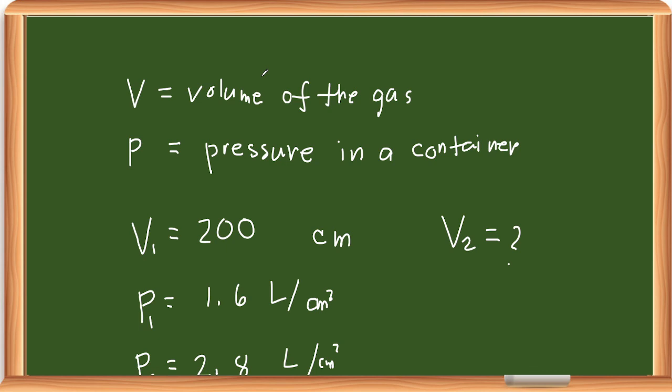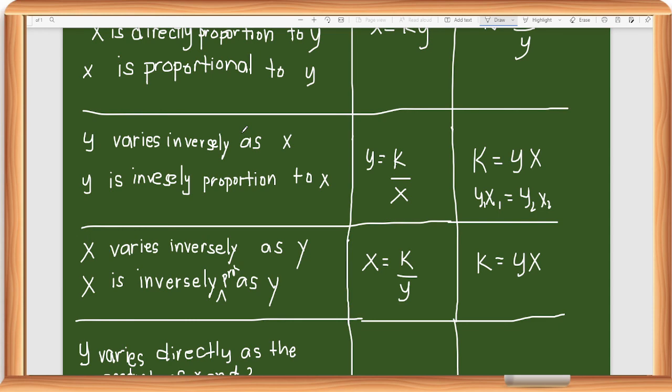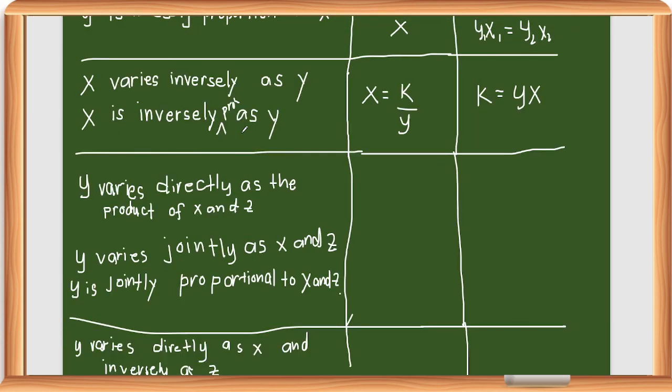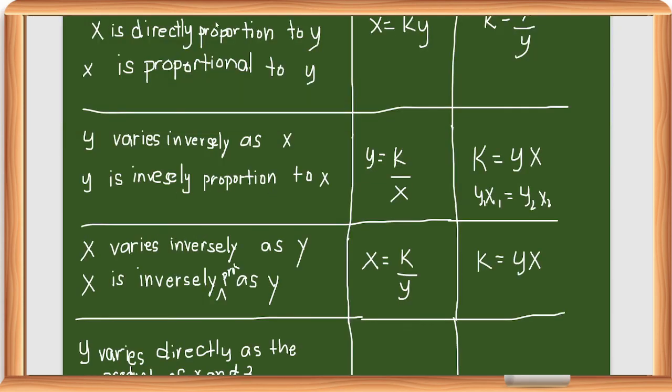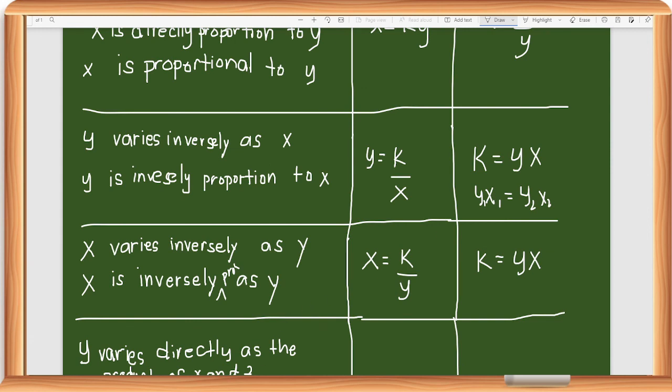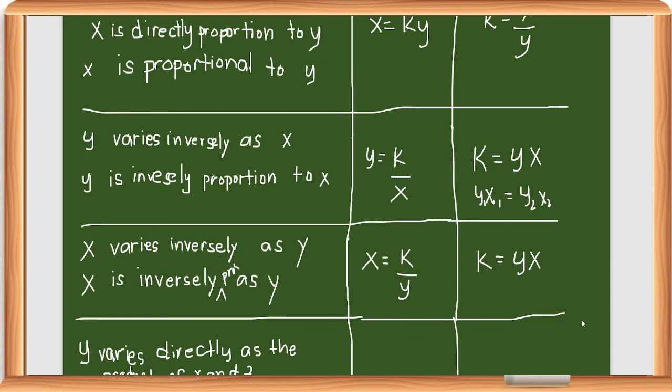Papaano nga ba ito? No? Compared sa direct variation and inverse variation. Okay po? So, pagkatapos nito, you can watch the next video which is all about joint variation and combined variation.